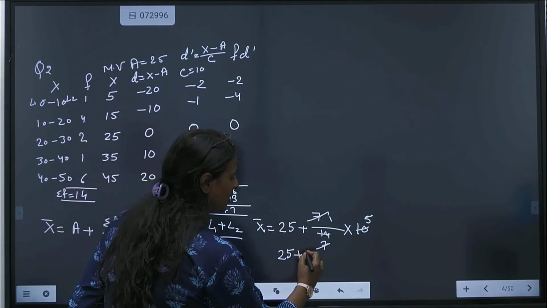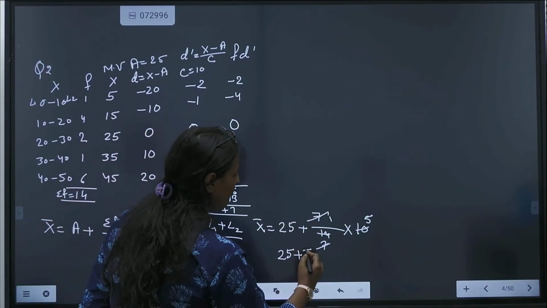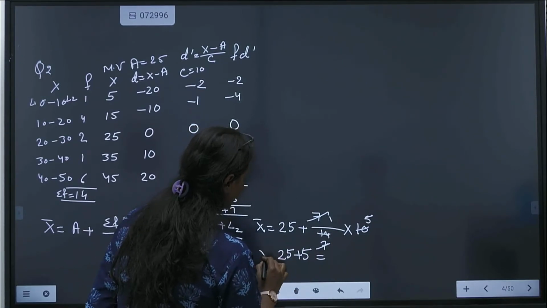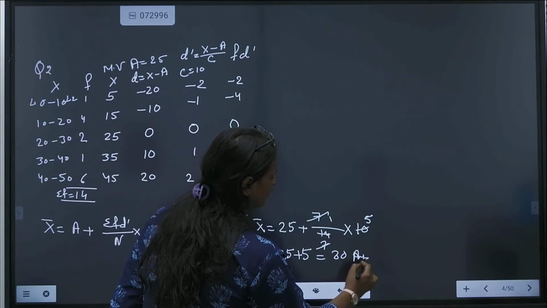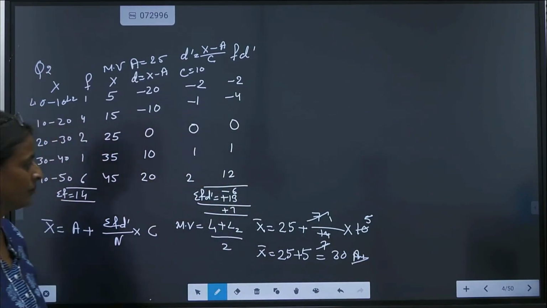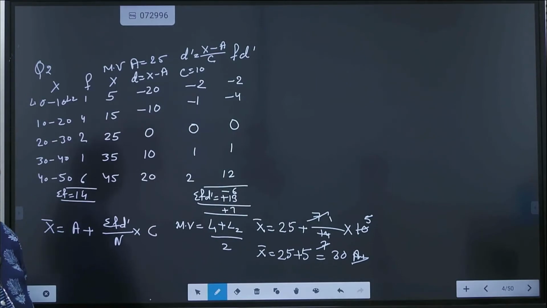It's 25 plus 5, so x bar equals to 30. Now you have to write down in your copies.